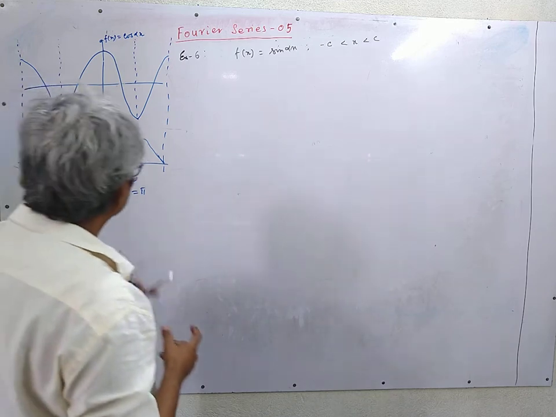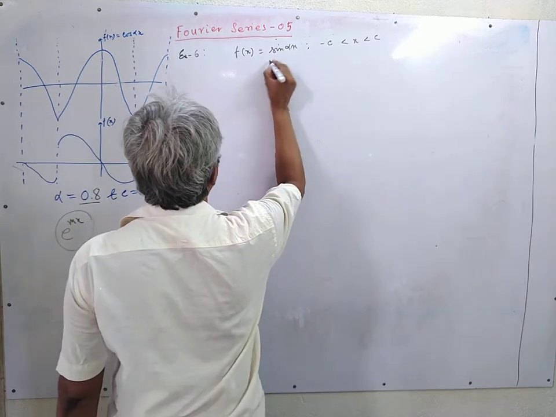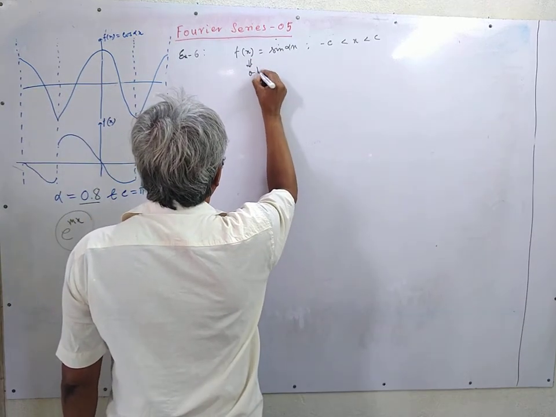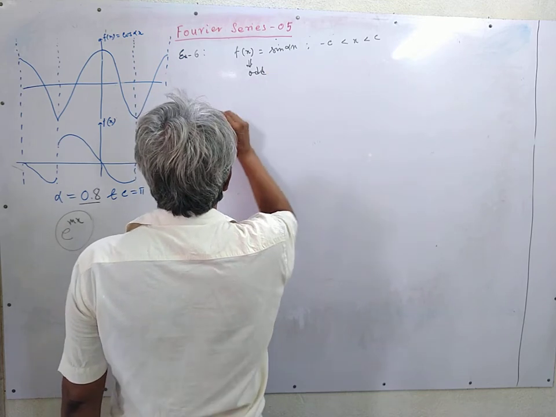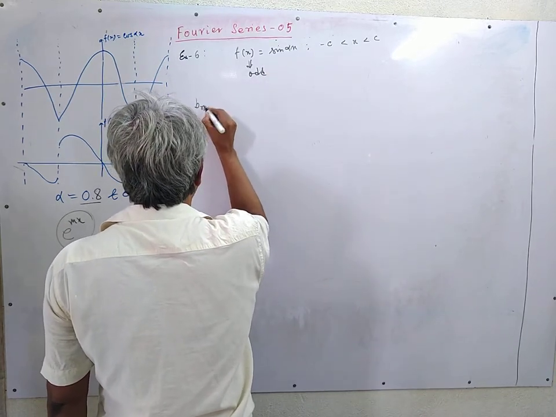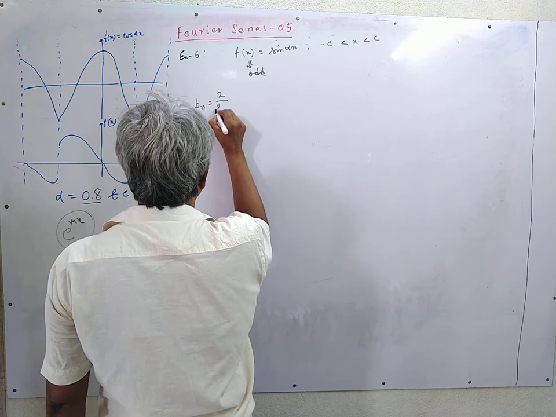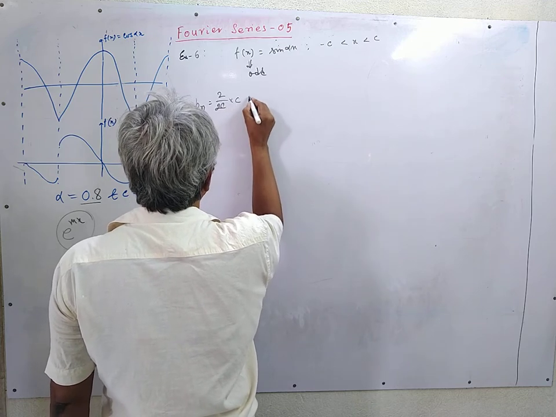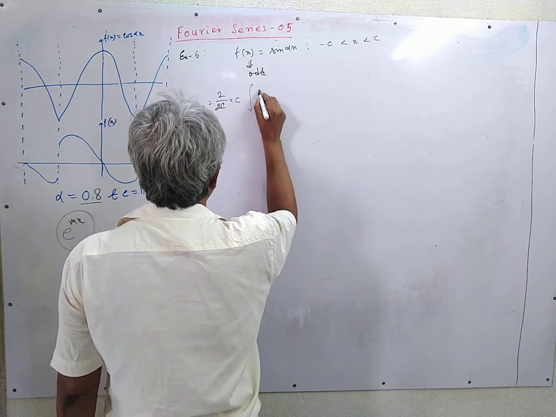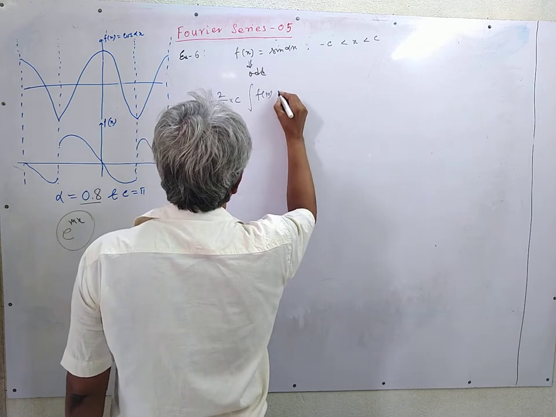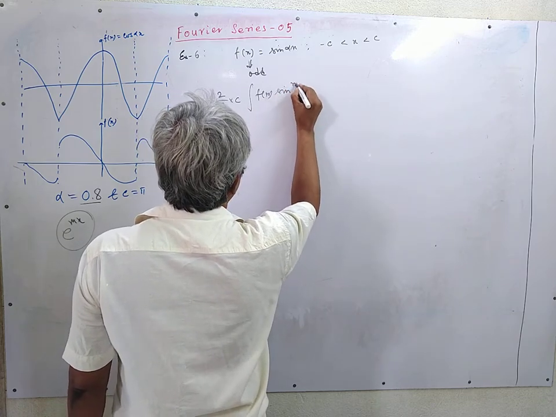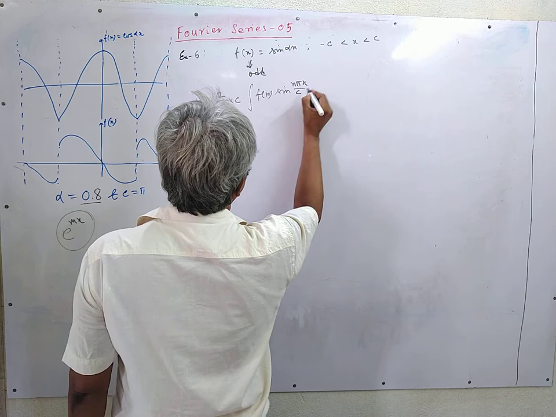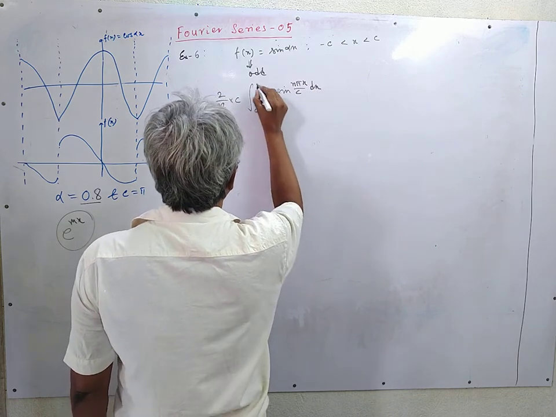And we calculate: this is odd, so only bn to calculate, and bn is equal to 2 upon 2c times the integral of f of x sine of n pi x by c dx from 0 to c.